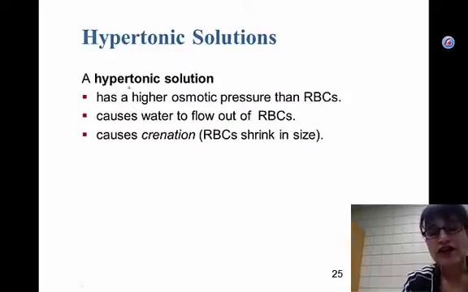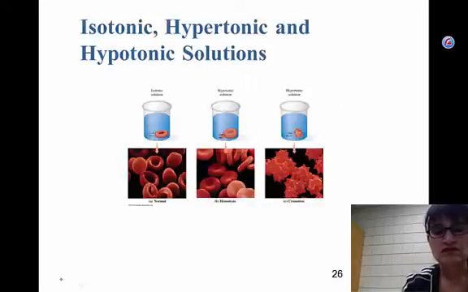If we have a hypertonic solution, hyper is like kids are too hyper, too much energy. So hyper has a higher osmotic pressure than the red blood cells. That means water is going to flow out of the red blood cells, and this is going to cause the red blood cells to shrink in size, and that causes a condition called crenation. All right, so in this case, we can see these ones are isotonic.